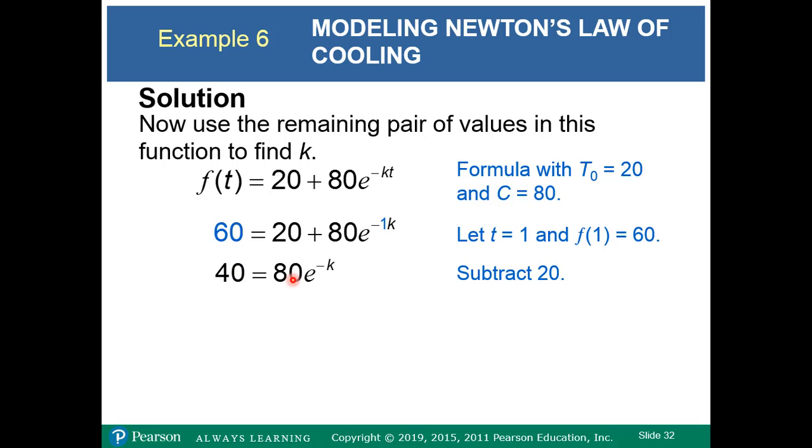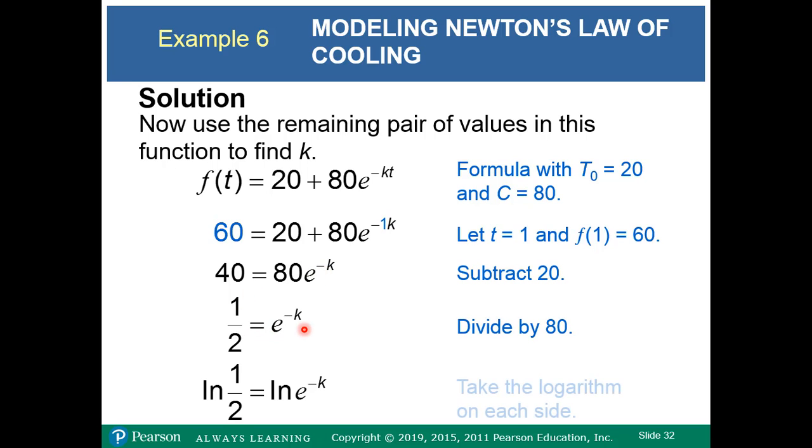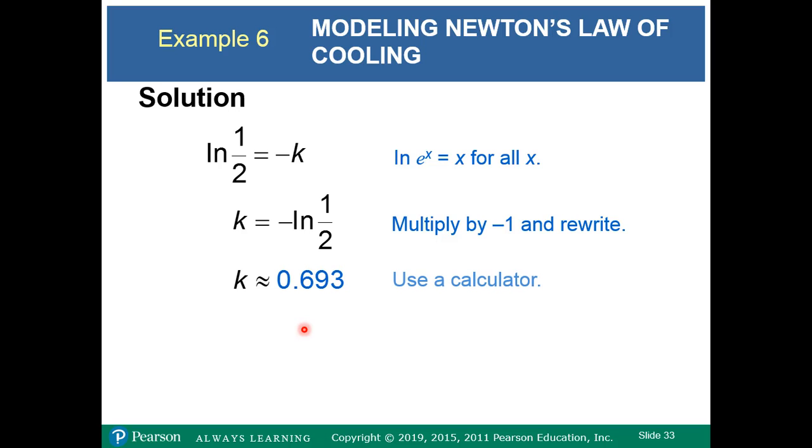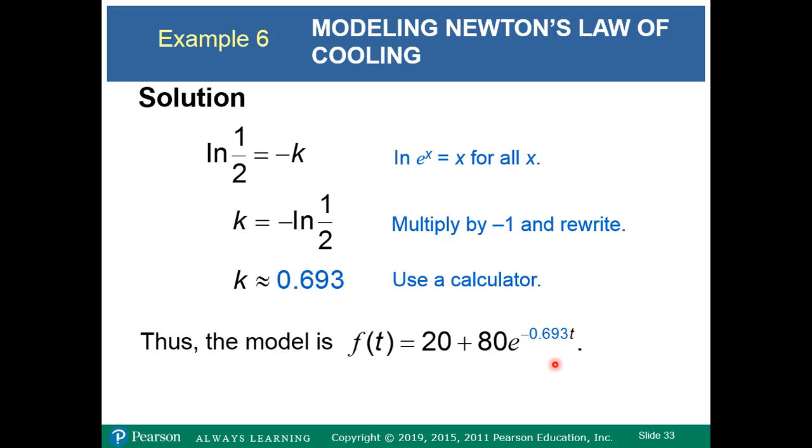We get 40 equals 80 times e to the negative k, and we get 1/2 is equal to e to the negative k, and we take the natural log of both sides. And we get negative k is equal to the natural log of 1/2, or k is equal to the negative natural log of 1/2, which is approximately equal to 0.693.